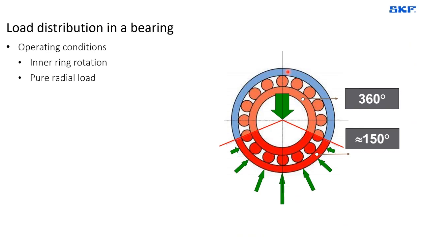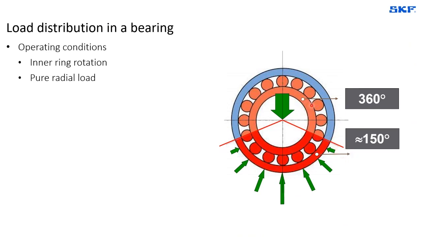In this picture, what we see is a bearing that has an inner ring rotation. The outer ring is stationary. So in this example, for a given load applied through the shaft onto the inner ring, the bearing will exhibit a load area of about 150 degrees.